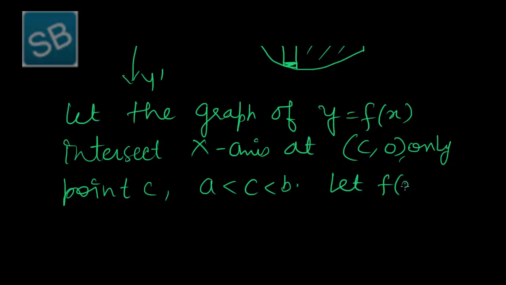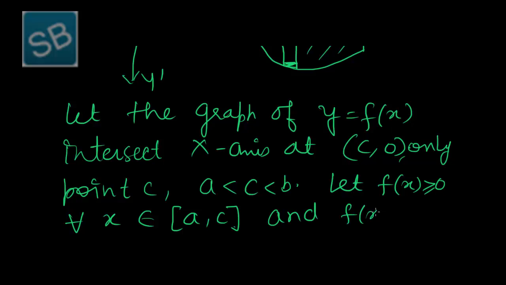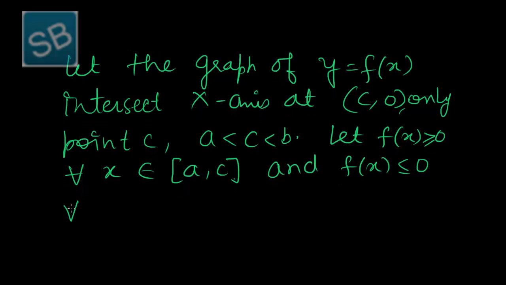Let f of x greater than or equal to 0 for all x belonging to [a, c]. That is case number 1. And f of x less than or equal to 0 for all x belonging to [c, b]. That is case number 2.